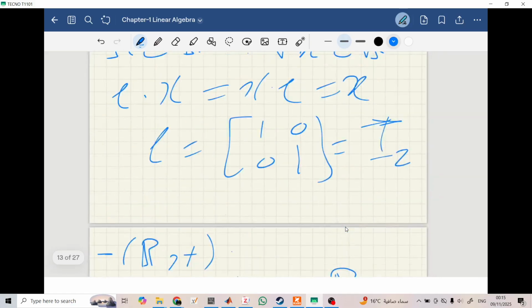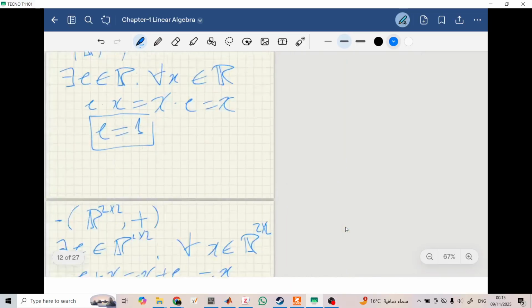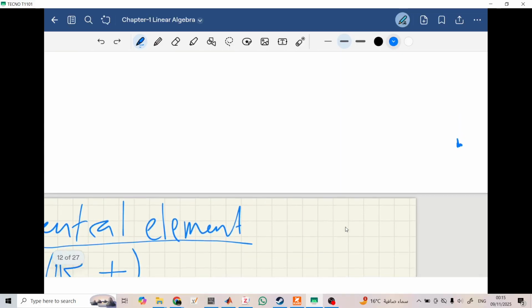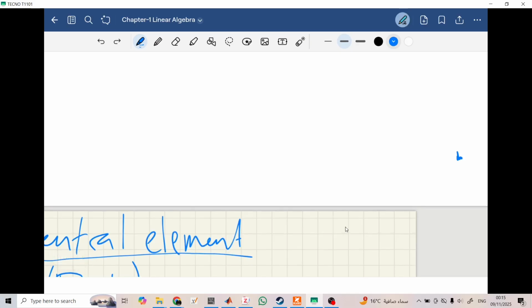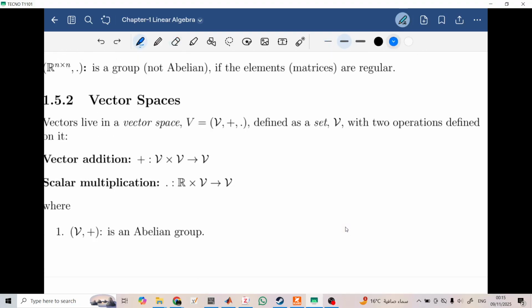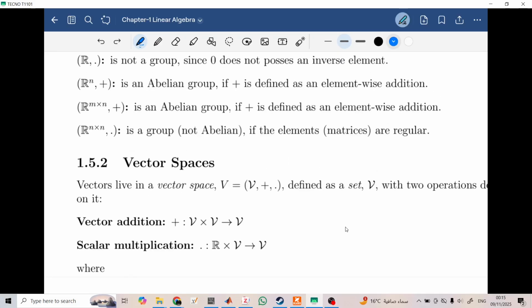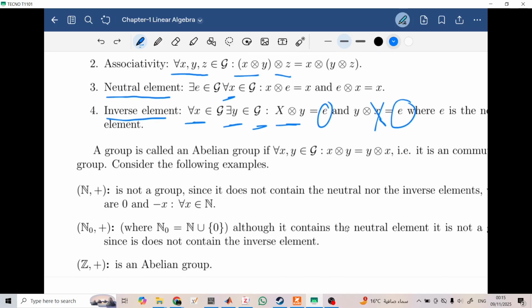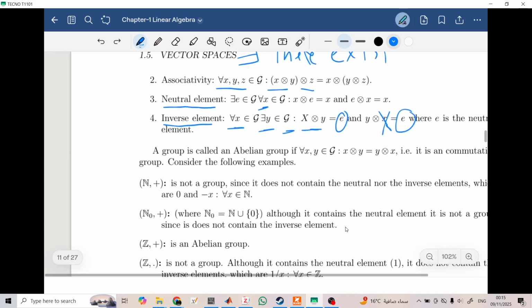So now I think we covered the conditions here, 4 conditions. Now let's look at examples here.